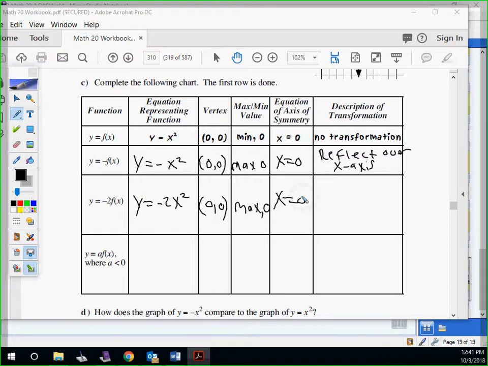Didn't move it at all left or right, so it's still right down the middle. This would be reflect over x and stretch 2. Okay? Reflect over x and stretch 2. Now you can be more specific and you can say expand 2 if you'd like.